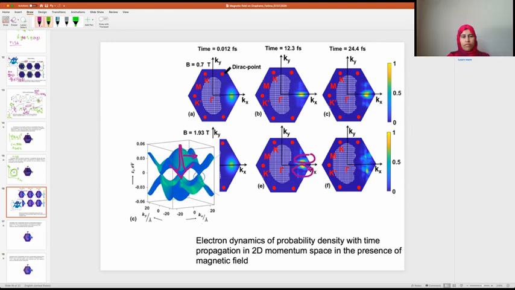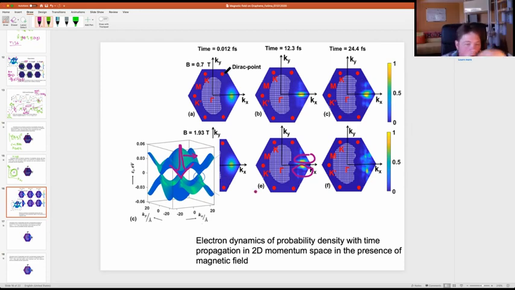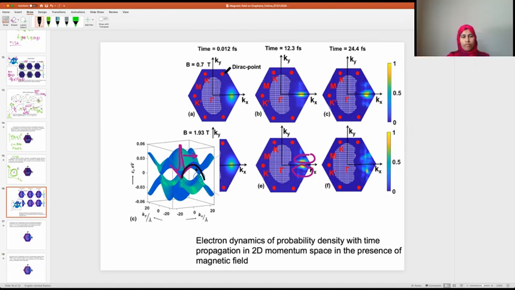If the value of the magnetic field is not sufficient to jump over the potential barrier, so here there is a barrier, and if the magnetic field is not strong enough, then instead of overcoming the barrier, it will bounce back and forth, and it can be expressed as a superposition of eigenstates which are localized in the vicinity of this Dirac cone.